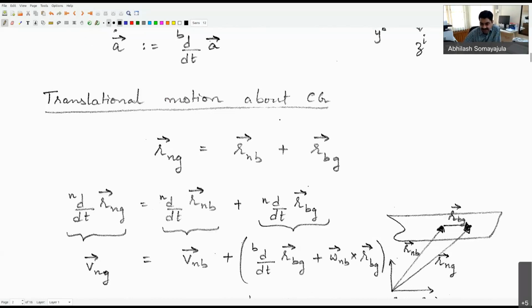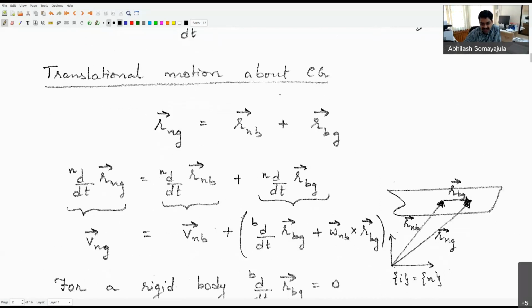Okay, so we looked at the idea that the position vector from the origin of the NED frame to the center of gravity is equal to the position vector from the NED frame to the body fixed coordinates origin plus the body fixed coordinates origin to the center of gravity.